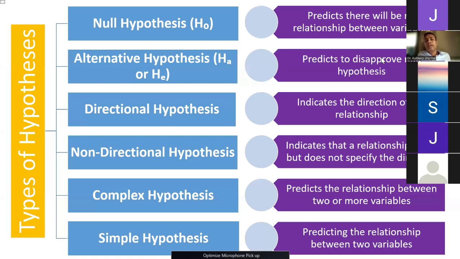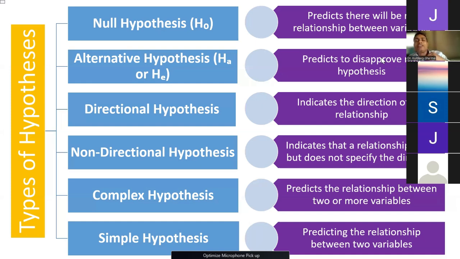Suppose I want to set my alternative hypothesis without any null hypothesis. Alternative comes into the picture when there is a null hypothesis. Without a null hypothesis, you cannot set an alternative. But suppose I want to work only on the alternative hypothesis, then what should it be called?